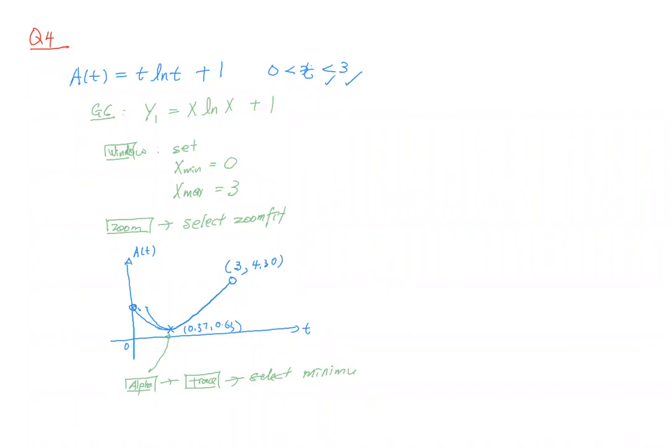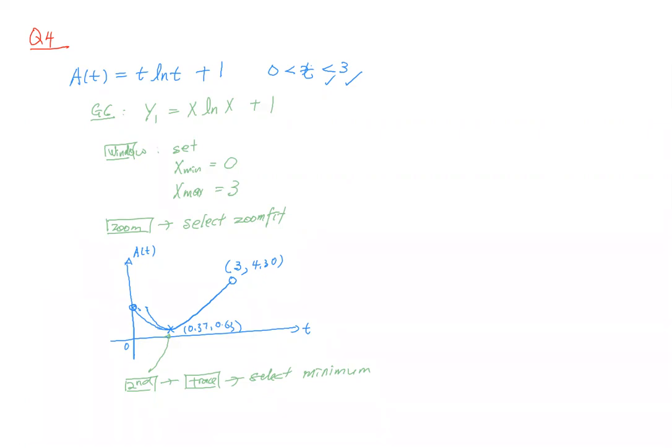Sorry, second trace, yes, you are right. Thank you. Second trace, then you select minimum, then there's a left bound, right bound. Are you okay? Please remember, all these are calculator skills. That's why I keep repeating, it's very important.